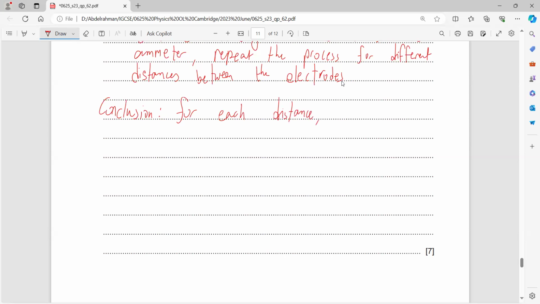For each distance, measure the current more than once, which is repeating, and take the average.